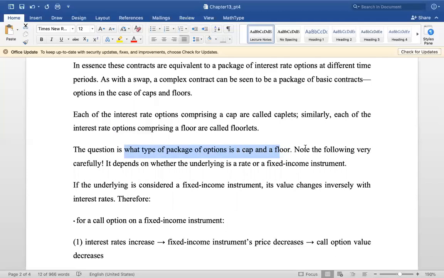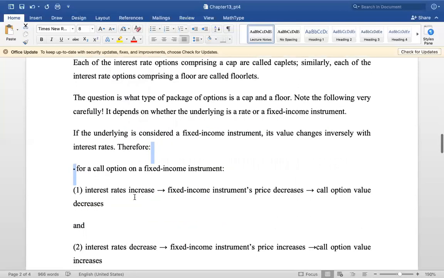Note the following very carefully. It depends on whether the underlying is a rate or a fixed income instrument. If the underlying is considered as a fixed income instrument, its value changes inversely with the interest rate. Therefore, for a call option on a fixed income instrument, if interest rate increases, the fixed income instrument's price decreases, and call option value decreases.